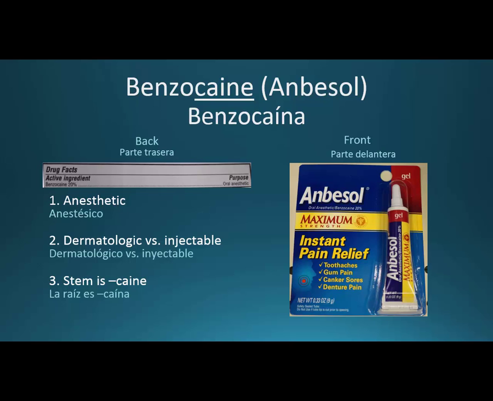And then the stem is cane, so la raíz es caína. You might know it from cocaína, which is cocaine. Cocaine was one of the original anesthetics. So cocaína would have been uno de los originales anestésicos.